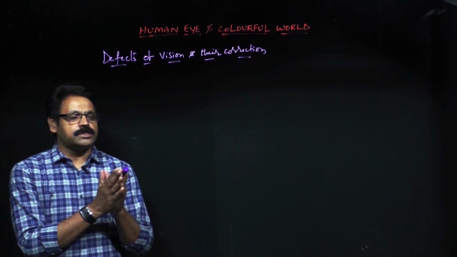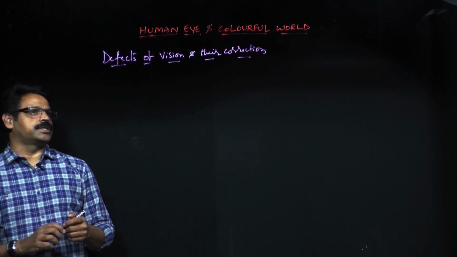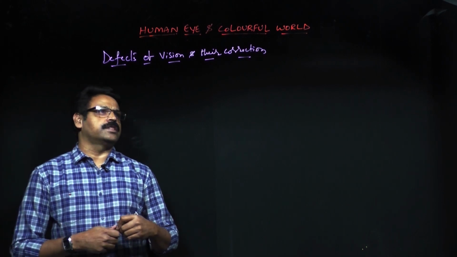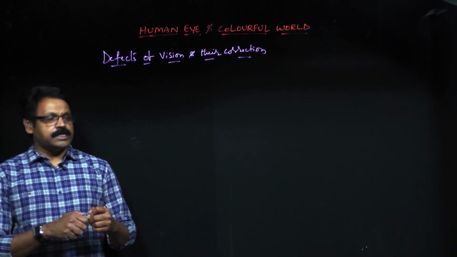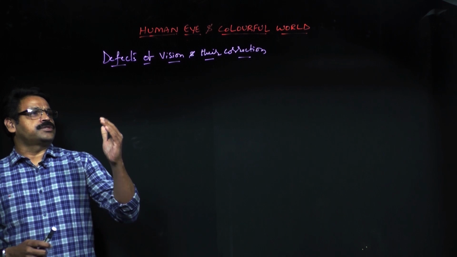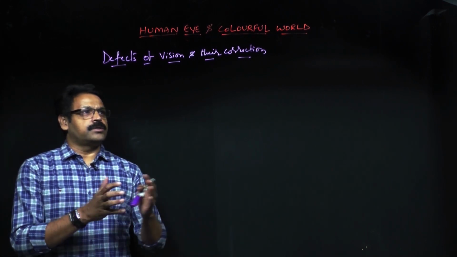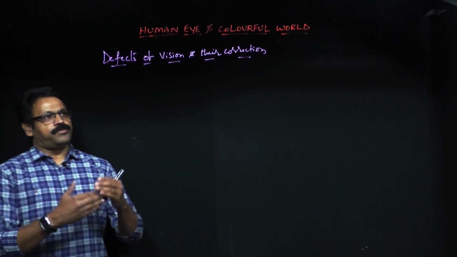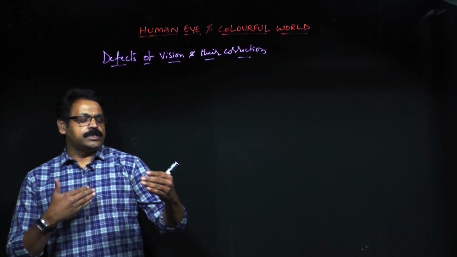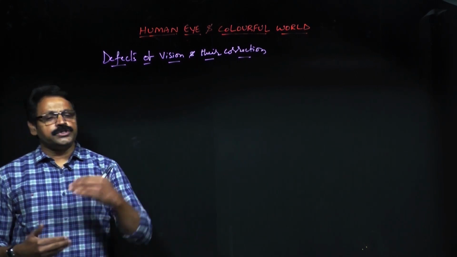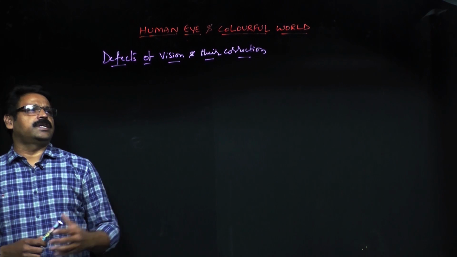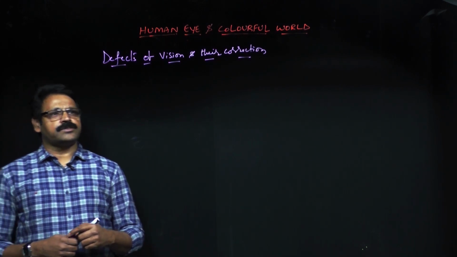If an eye loses the power of accommodation, then it leads to a defect in the vision. That's the reason the vision is going to be blur and you cannot see the objects properly. So if you are not able to see the objects properly, depending upon the position of the objects, there can be three different types of defects.